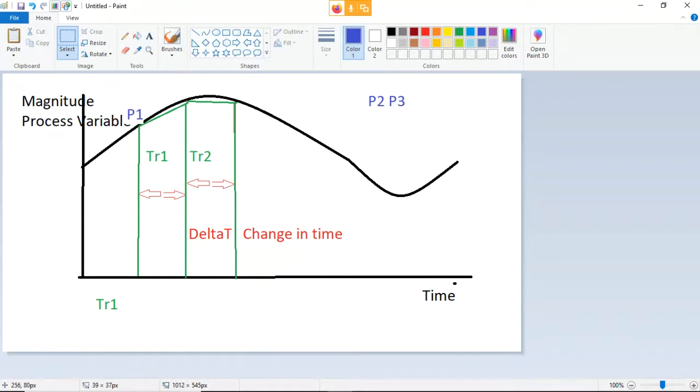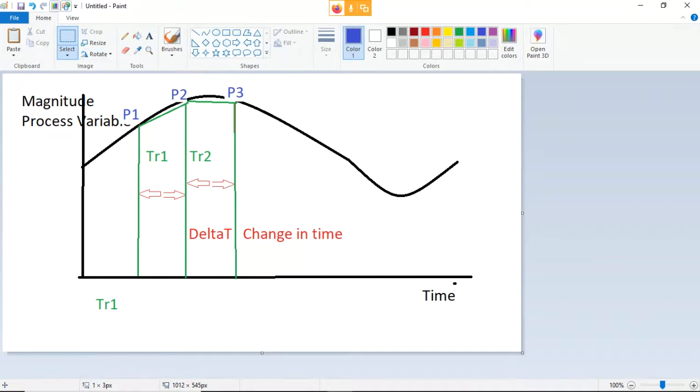At this point right here, and then at this point right here, and then at this point right here. So we have these points, point 1, point 2, and point 3.